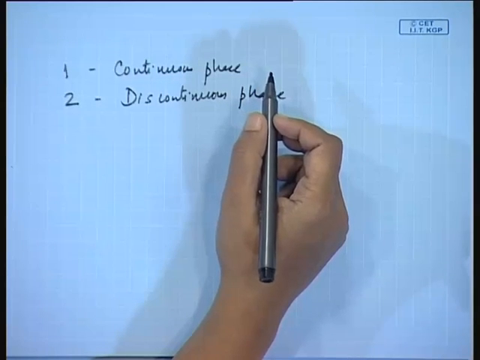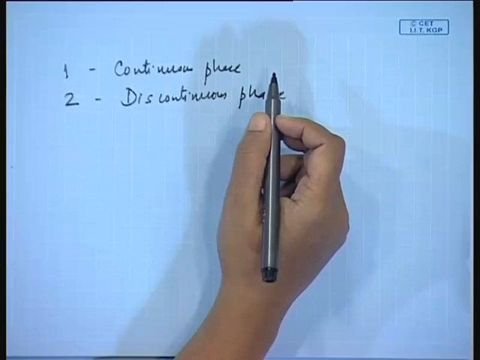A continuous phase is defined as one in which any 2 points can be joined by a line, straight or curved, which passes through the same phase without crossing the interface. And a discontinuous phase is one in which 2 points cannot be joined by a straight or a curved line.